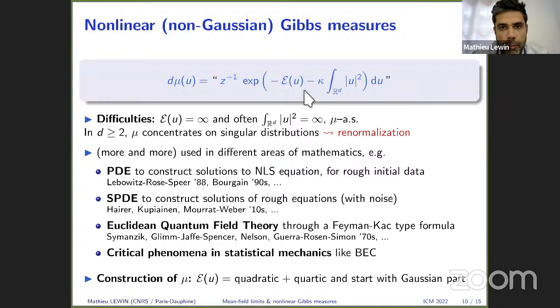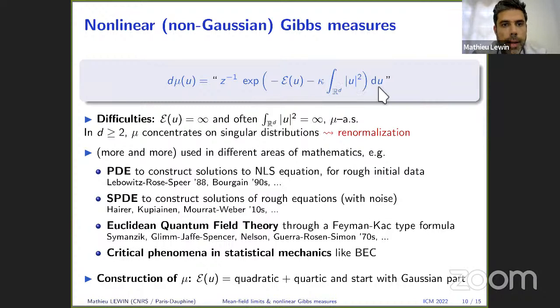So I'm not going to fix the mass of u anymore. But then I still want to control the average mass of u. So I'm introducing a new parameter κ, which physically plays the role of chemical potential. I'm replacing the energy by E plus κ times the mass. And if I think in terms of the dynamics, then I'm just playing with two conserved quantities. One is the energy and the other one is the mass.